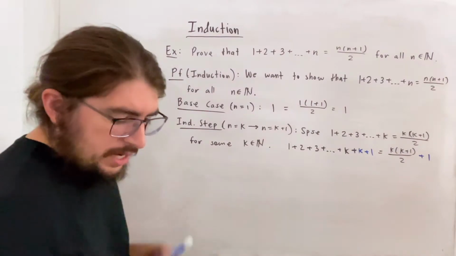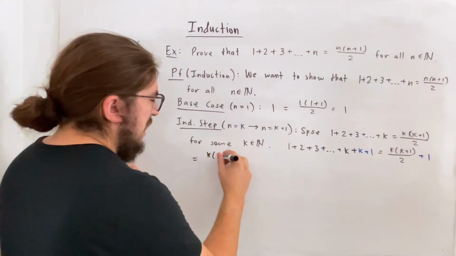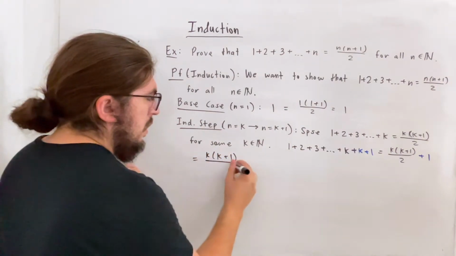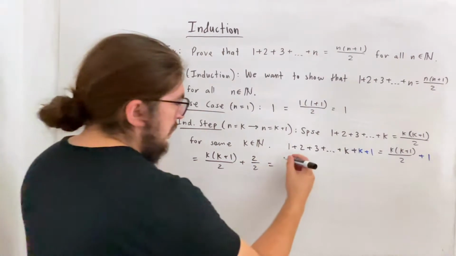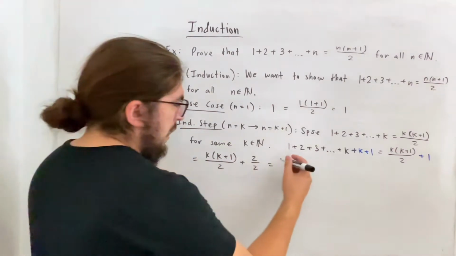Let's erase that. That was just brainstorming a bit. Maybe I'll keep this like that. I don't know if I want to distribute, but I'll keep it like that for now. I'll write that 1 as a 2 over 2, and then we'll combine. But I'm going to have to distribute, and we'll see what happens. So let's distribute.